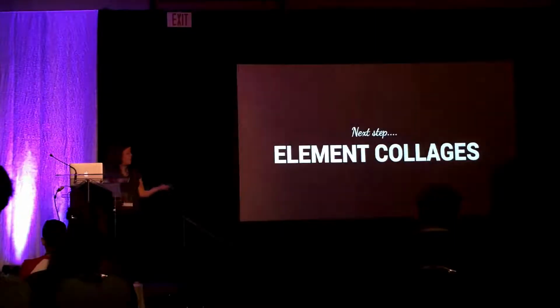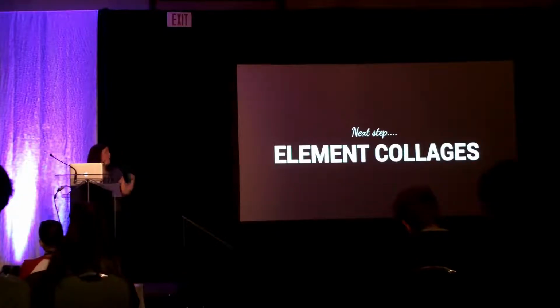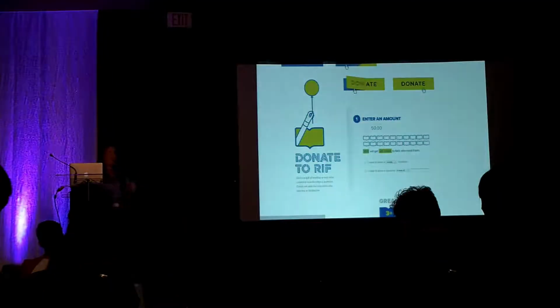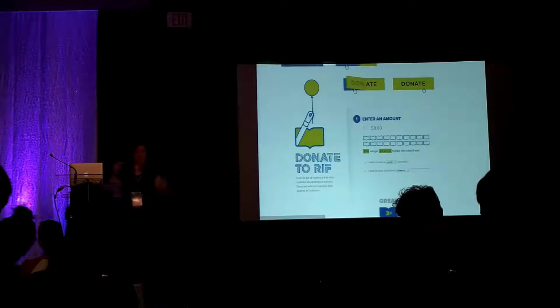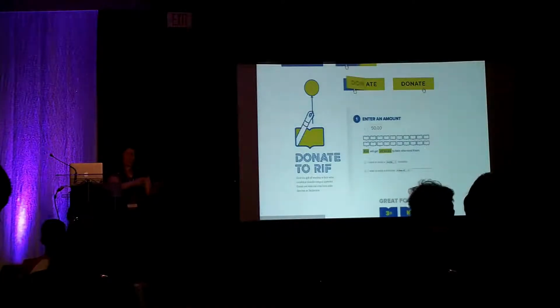And then you can take it a step further, and there's element collages, and this is something that Daniel Mull has kind of blogged about. And the problem with style tiles, let's face it, or even those kind of basic things, is that they're not in context. It's like, here's what a button might look like, and here's what a paragraph might look like, but people want to understand the overall picture, right?